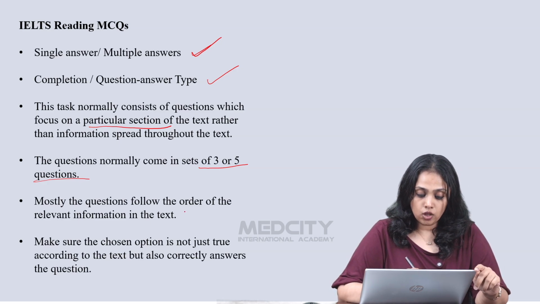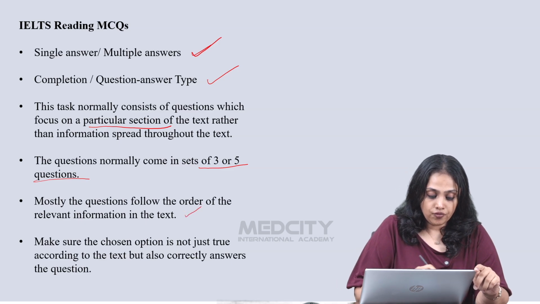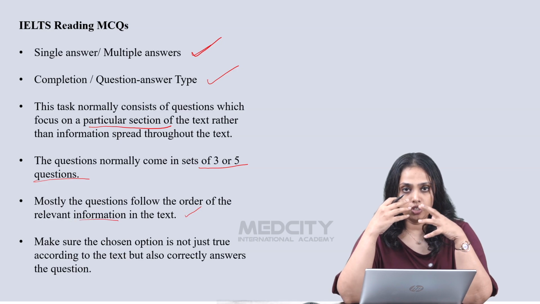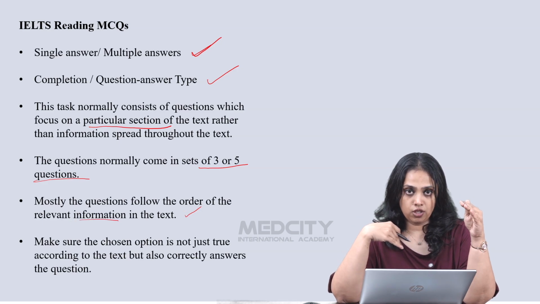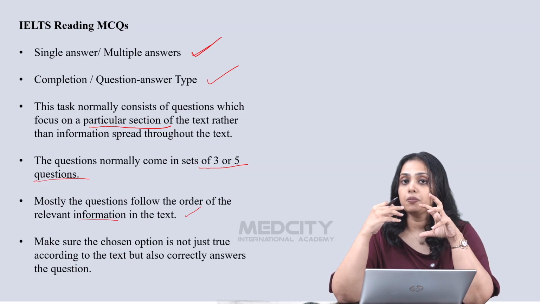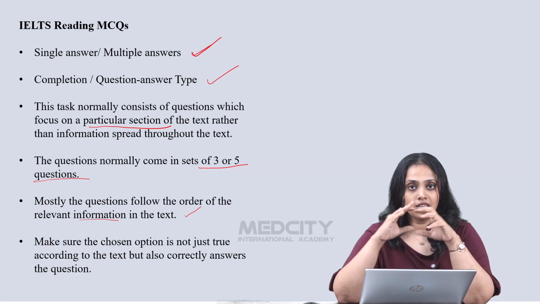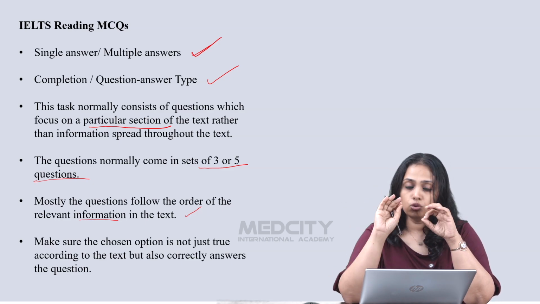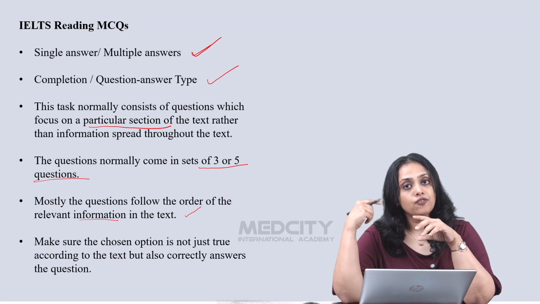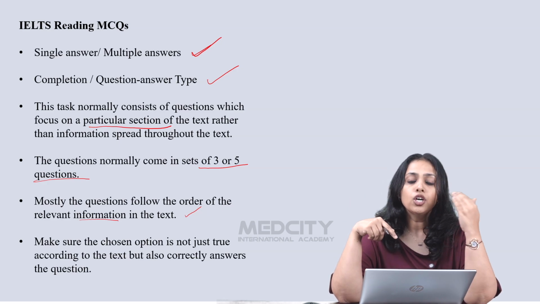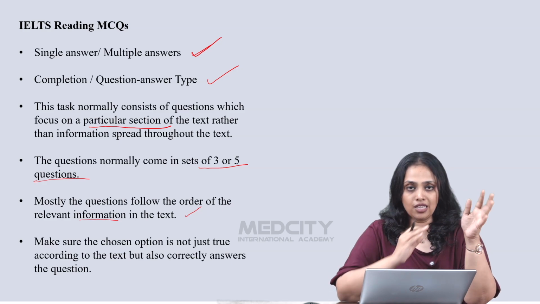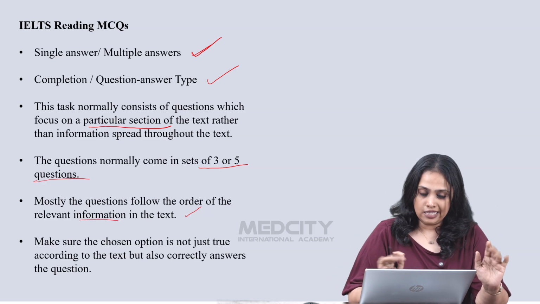Then mostly the questions follow the order of the relevant information in the text, which means that the order in which the questions appear in the set and the order in which the same information can be found in the text will mostly be the same. That is, after solving the first MCQ, when you're looking for the answer to the second MCQ, you have to look in the text just below where you found the answer for the first question. That is how it goes, mostly.